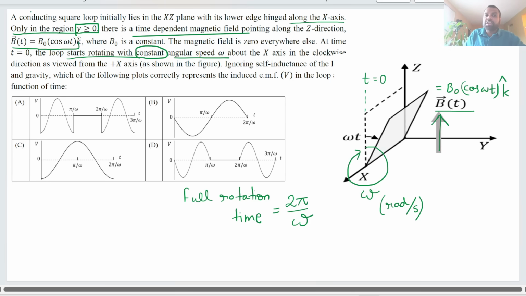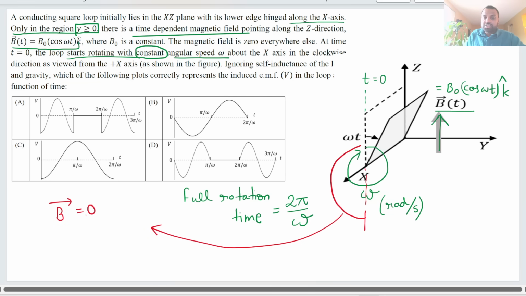But here is something interesting. If you notice right away, when the loop is in this half, B vector is 0, when the loop is in this half, or y is less than 0.